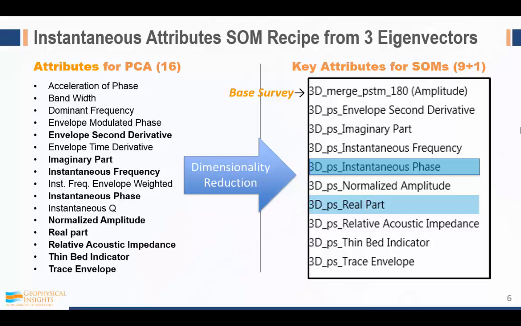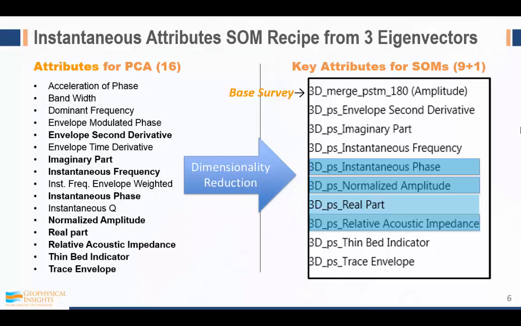Instantaneous phase is good for discontinuities and continuity and discontinuity, both in structure and strat. The normalized amplitude is also known as the cosine of instantaneous phase. It gives you the sense of peak and trough value. With the relative acoustic impedance gives us our geobodies, which you're going to see.